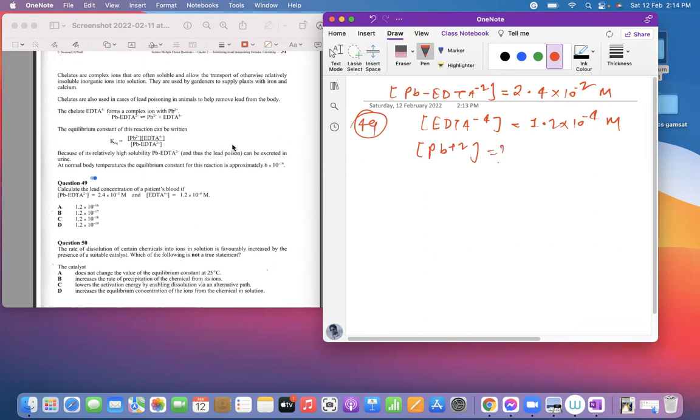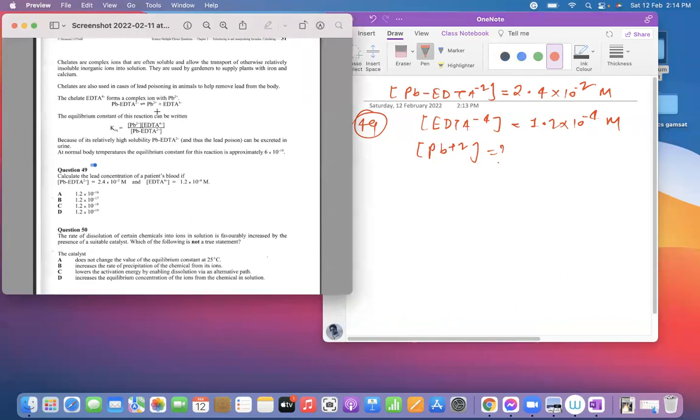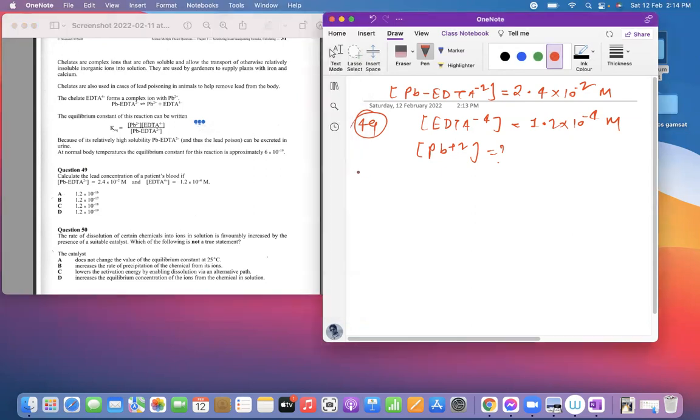So if you look at this K equilibrium expression, can you see this? This is the expression I'm talking about. K equilibrium is equal to [Pb2+][EDTA4-] divided by [PbEDTA2-].